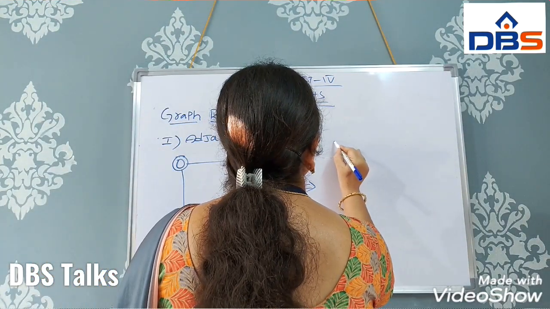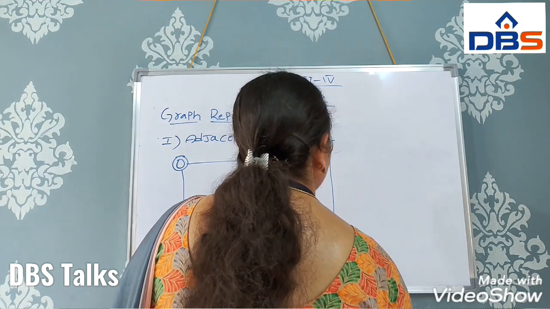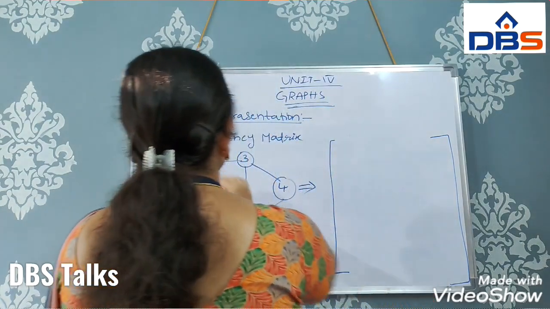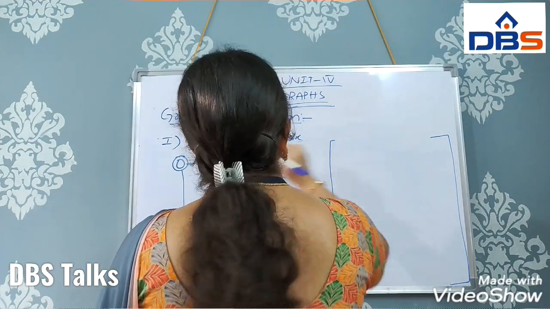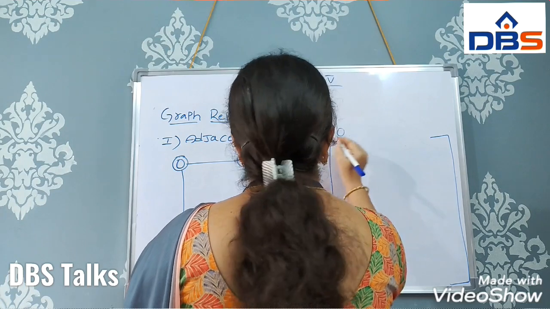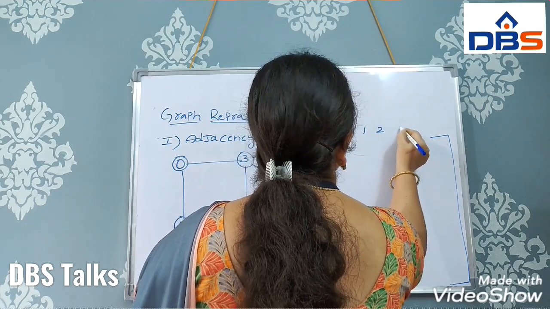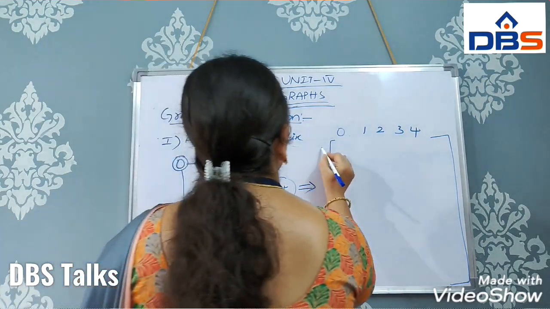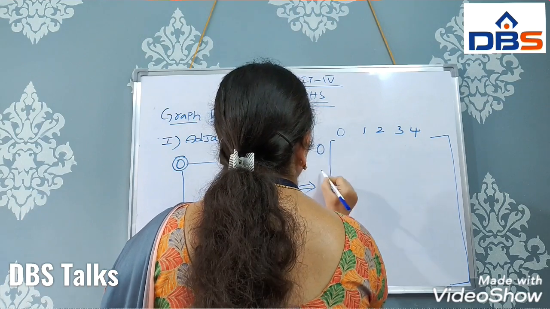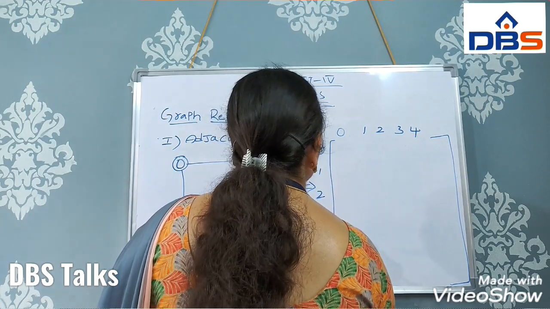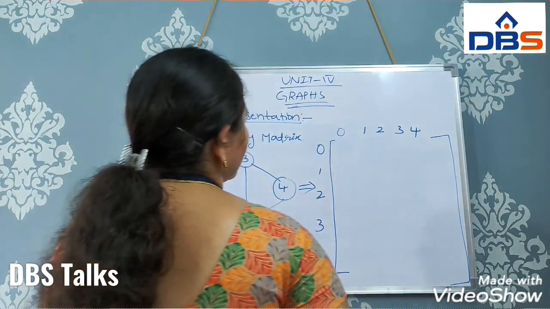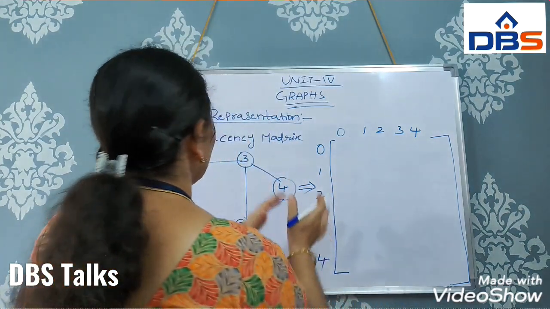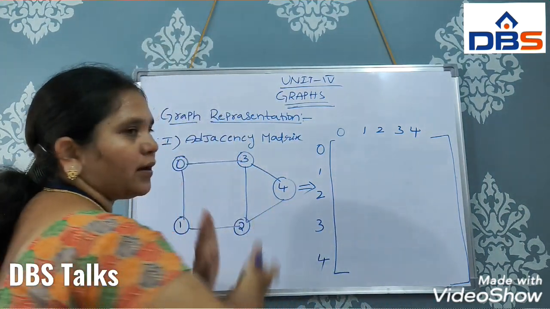The matrix contains rows and columns. How many nodes are there? 0, 1, 2, 3, 4. Totally 5 nodes from 0 to 4. Here also we need to mention 0, 1, 2, 3, 4. So this is the template of the adjacency matrix representation of a particular graph.